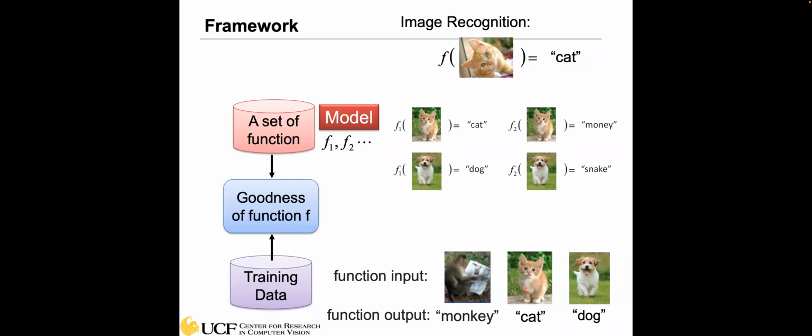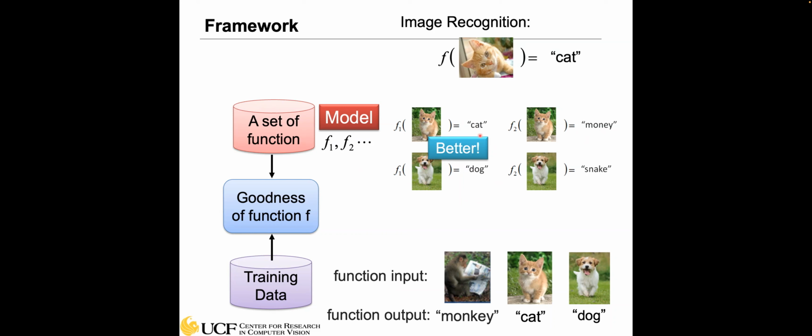We use this training data to decide how good each individual function is. We have F1, F2, F3, etc., and we want to determine how good each mapping function is using this training data. For this particular example, F1 is able to predict these two images correctly, cat and dog. F2 makes the wrong prediction.